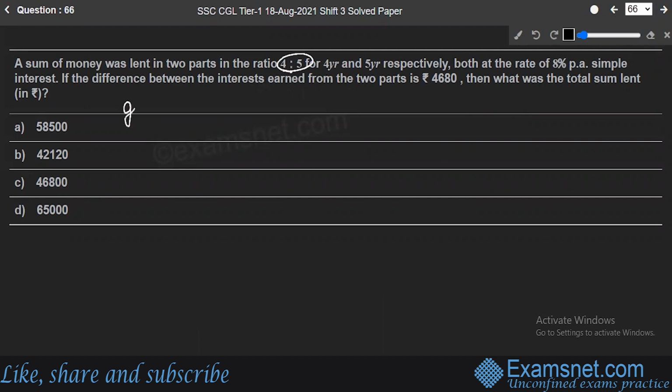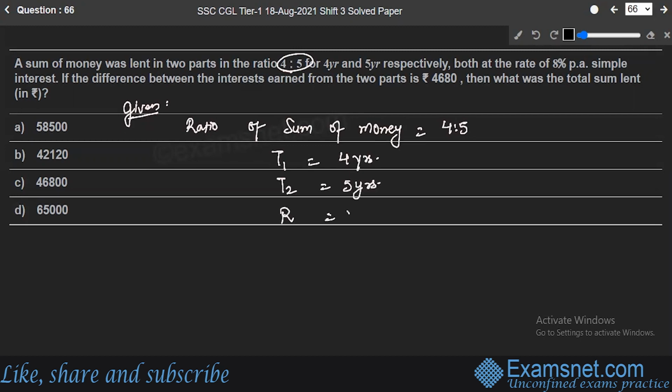So, we are given ratio of sum of money is equal to 4 is to 5. For the first one, the time is 4 years, and for the second slot, the time is 5 years. In both the cases, rate is 8% only.